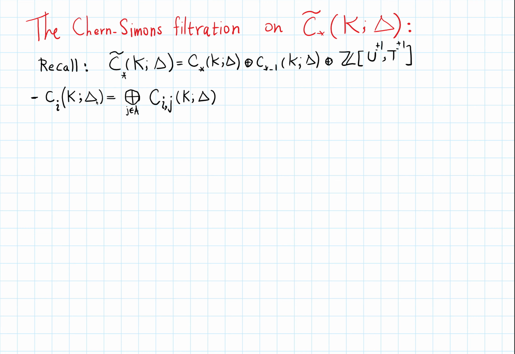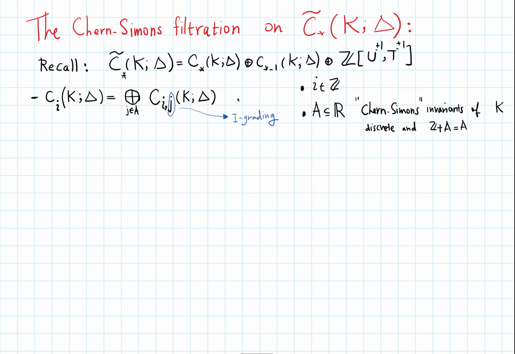The main property here is that each graded piece, C_i of K and delta, admits another grading. Remember that i here is an integer which is related to Floer's grading, but then there is this j, which is a real valued grading. It takes values in a set A, which is the set of Chern-Simons invariants of K. So this is a discrete subset of real numbers, potentially including some irrational numbers, and it's invariant with respect to shifting by integers.